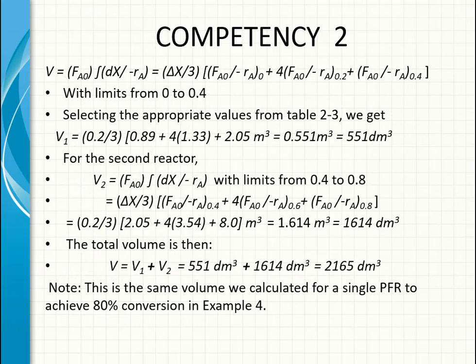So here the volume will be equal to FA0 times the integral of dx divided by minus RA. So this is going to be delta x divided by 3 times FA0 divided by minus RA evaluated at 0, plus 4 times FA0 divided by minus RA evaluated at 0.2, plus FA0 divided by minus RA evaluated at 0.4.